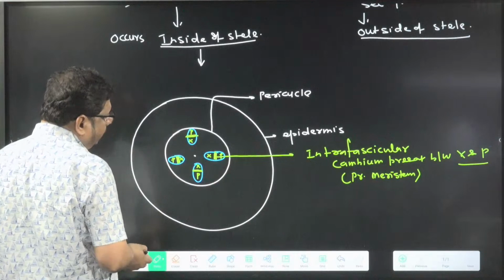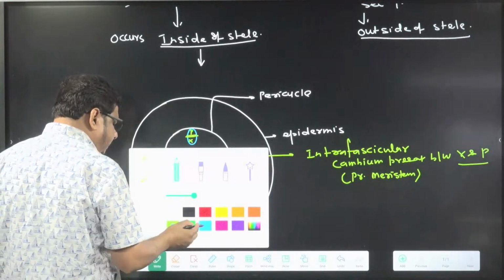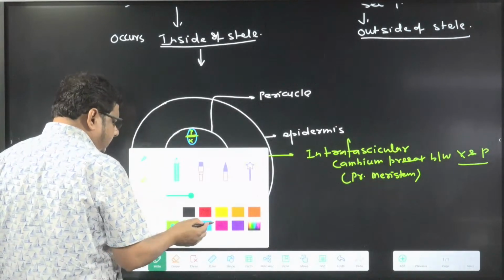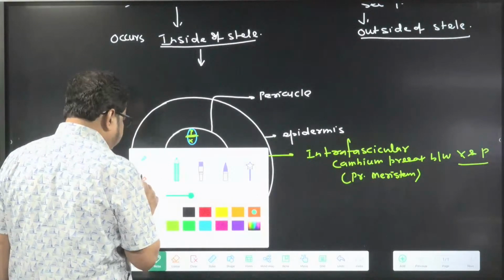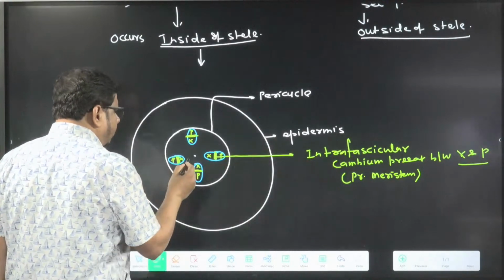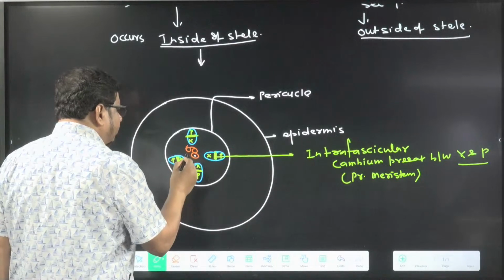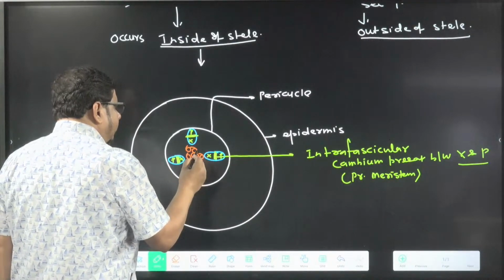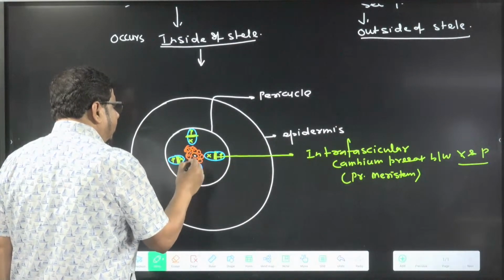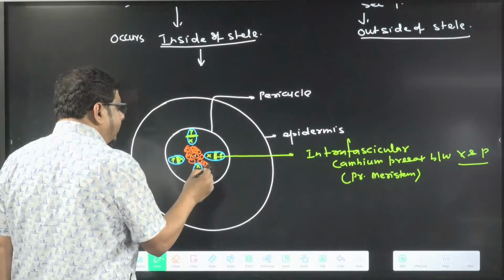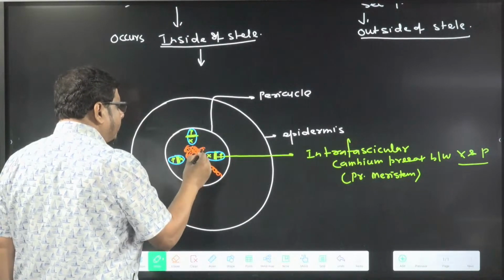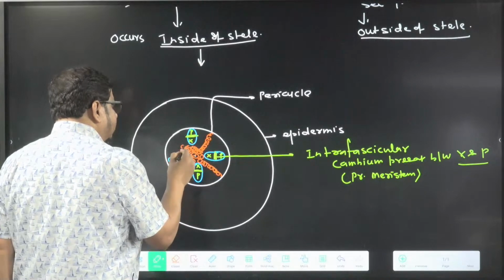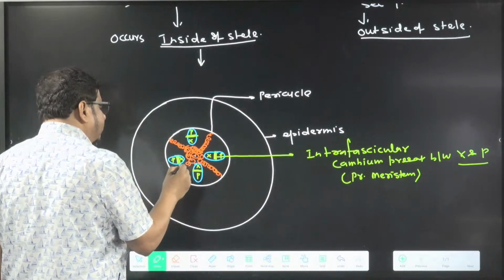Now in the center, what is there? Pith is there. Pith or medulla. So here it is pith, in the primary plant body. And this pith radiates toward the pericycle, and it is called pith rays or medullary rays.